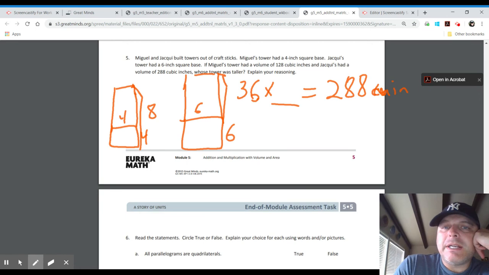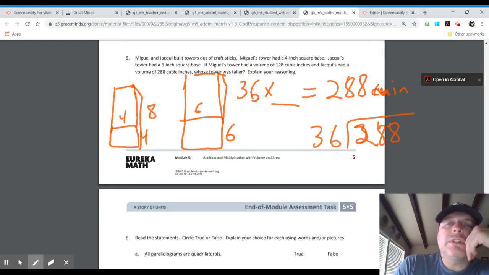Okay. All right. So to do this, you have to divide 36 into 288. So 36 is really close to 40. So I'm going to use 40. And we'll say 40. How many 4s go into 28?